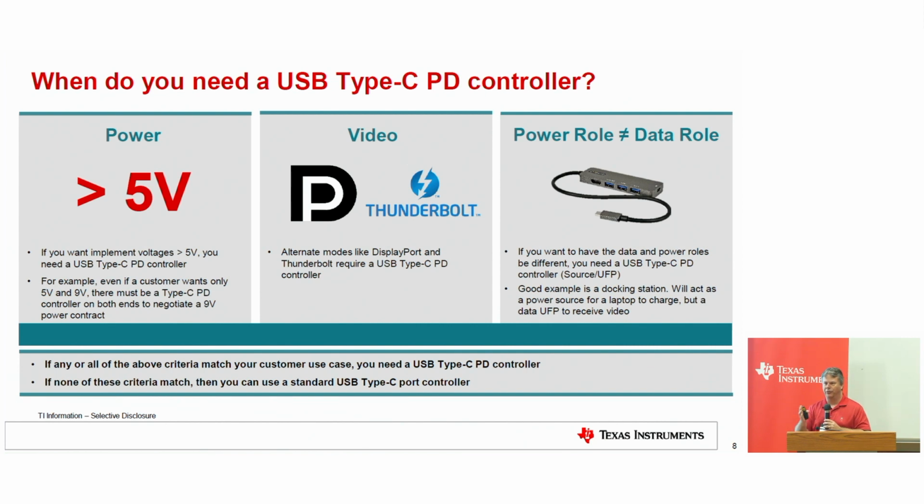The laptop provided 5 volts. Now in Type-C, either side can be host or device, either side can be power provider or controller of the data, and you can flip dynamically, depending on what the need is. That's a very good feature.